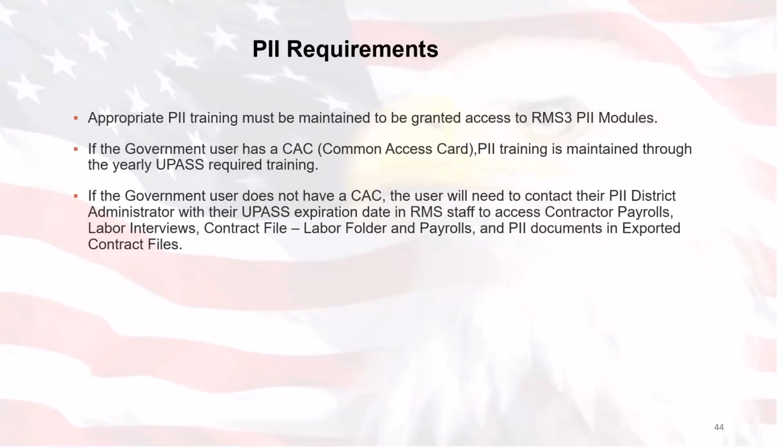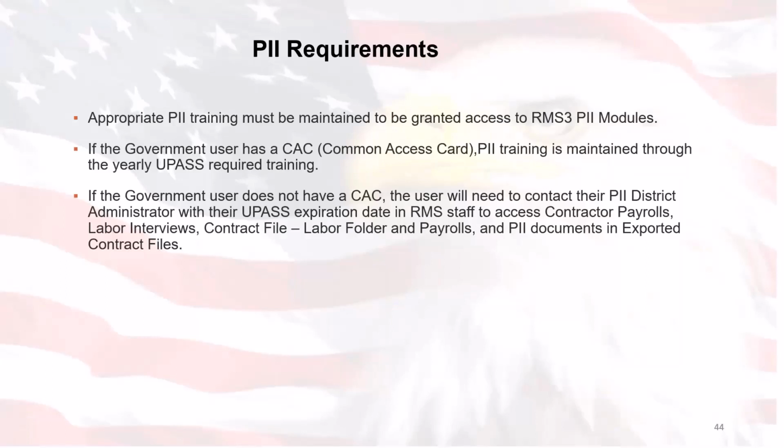They'll have to go in and complete their acceptable use policies, their PII, all of the required training for UPass. If the government user does not have a CAC, the user will need to contact their PII district administrator with their UPass expiration date. In RMS, the staff access contractor payrolls, labor interviews, contractor file, labor folder and payrolls, and PII documents in exported contract files.